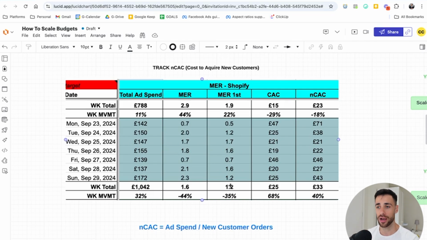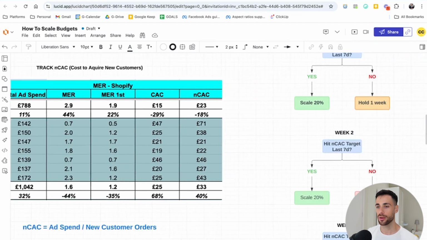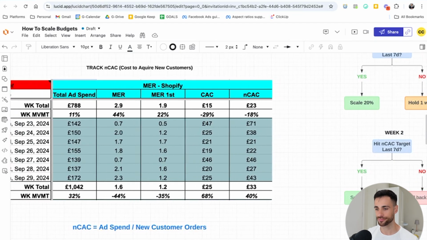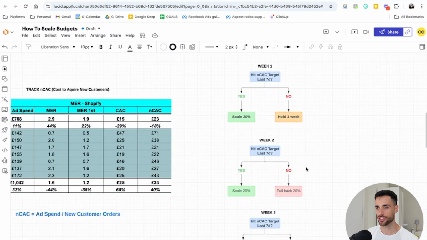This is why I do it manually with a tracker where I pull the reports from the actual platforms, and I have like a big sheet to do it. But I have this huge thing. You don't need this. All you need to do is look at the last 7 days for that day when you do your optimizations.